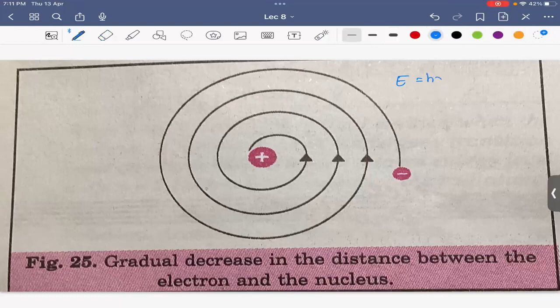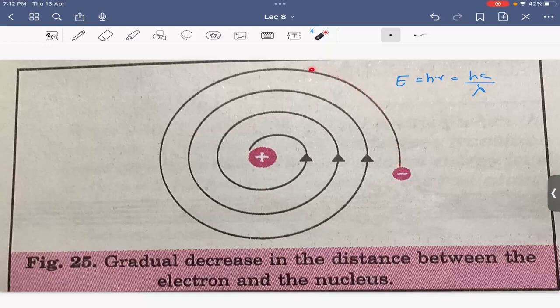Energy is h into nu, which is hc by lambda. As this energy is associated with the frequency, losing the energy should result in decreasing frequency, right? Because the radiations are being emitted, those radiations will have a certain amount of energy, and that energy will come from the initial energy of the electron.